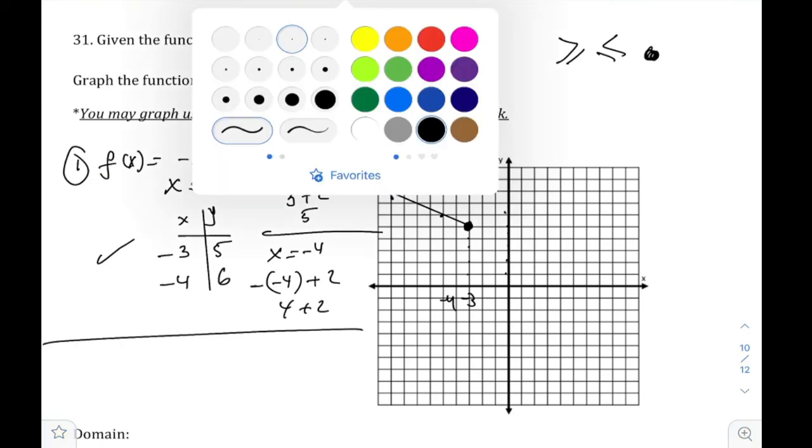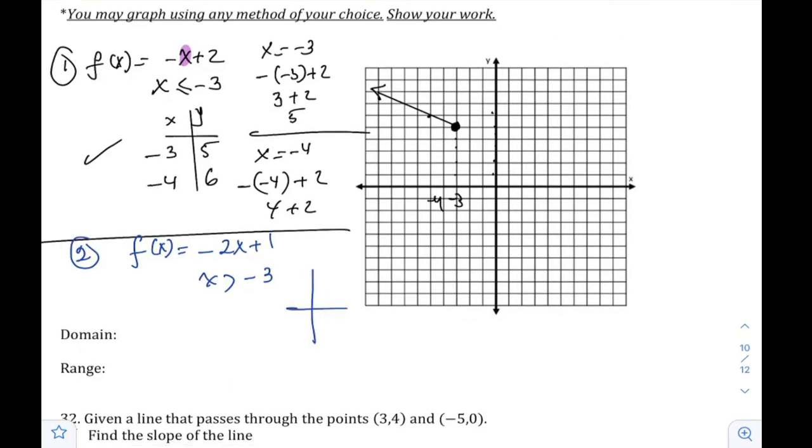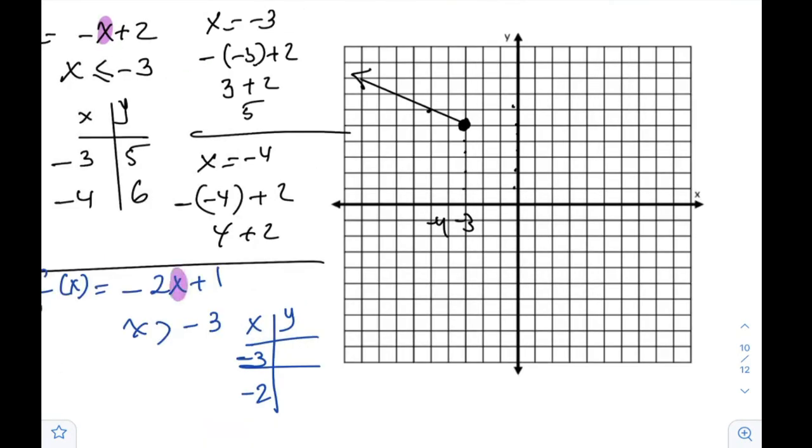Second piece, I'll change the color. My function is negative 2x plus 1, and this happens when x is more than negative 3. So I will start by x minus 3, and then more than minus 3, so minus 2 is a good point. This is my x, this is my y, and then I will replace with this value, once when minus 3.